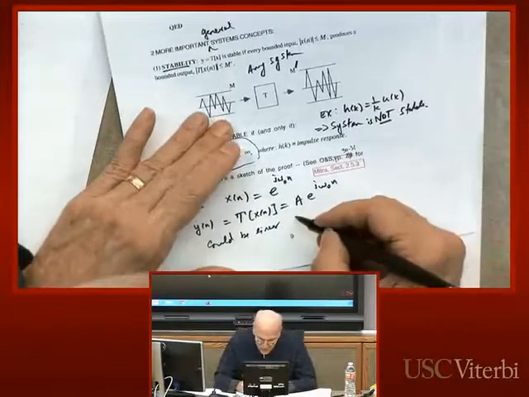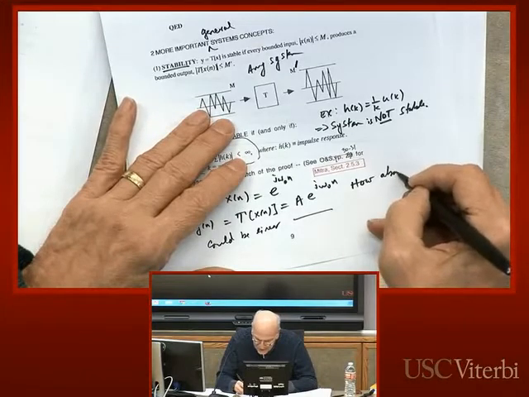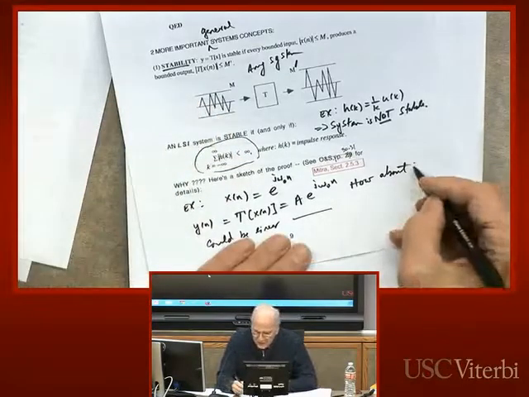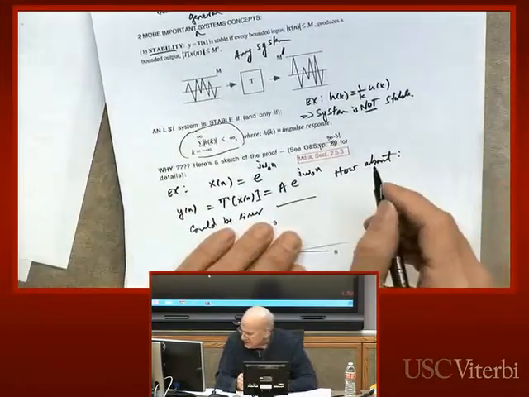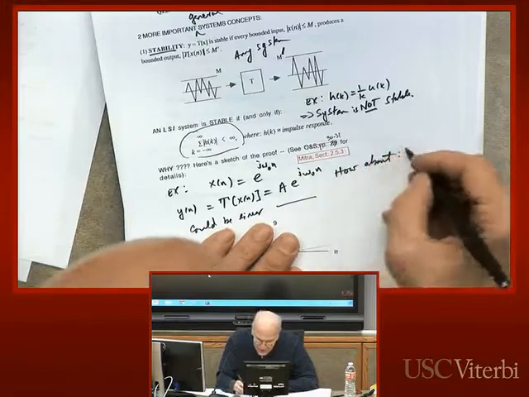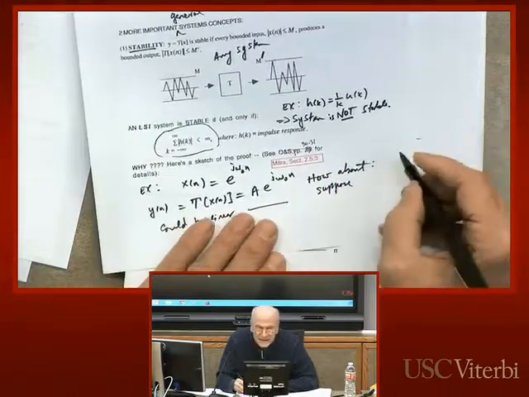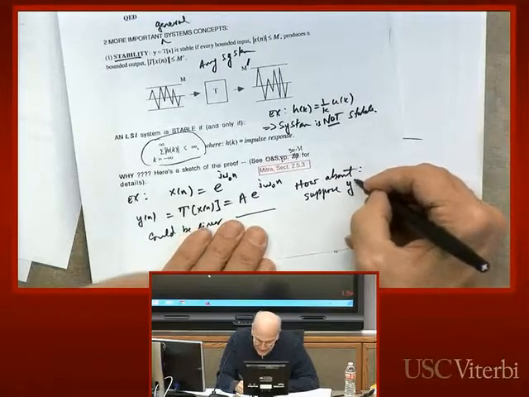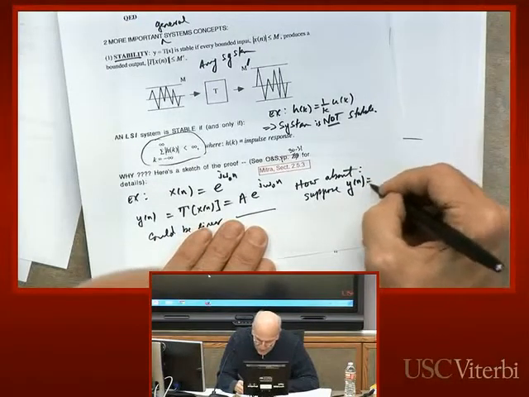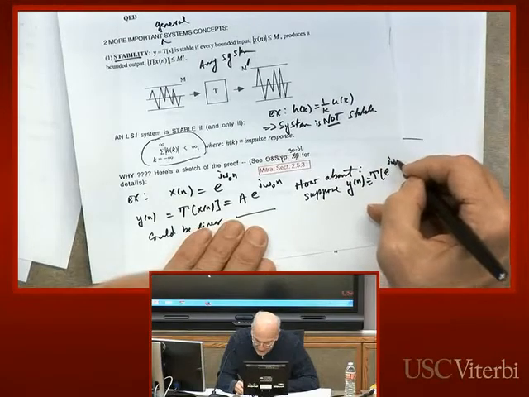But how about this example? Suppose y of n equals T of e to the j omega naught n.